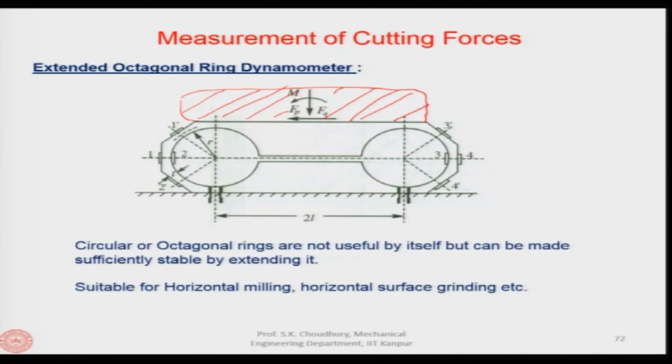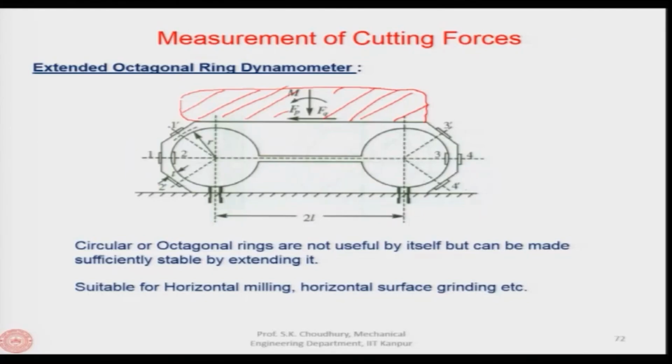So, this is once again the extended octagonal ring, because the rigidity is increased by extending it. Circular or octagonal rings are not useful by themselves, but can be made sufficiently stable by extending them. So, here the rigidity and the stability have been increased by extending the octagonal structure.